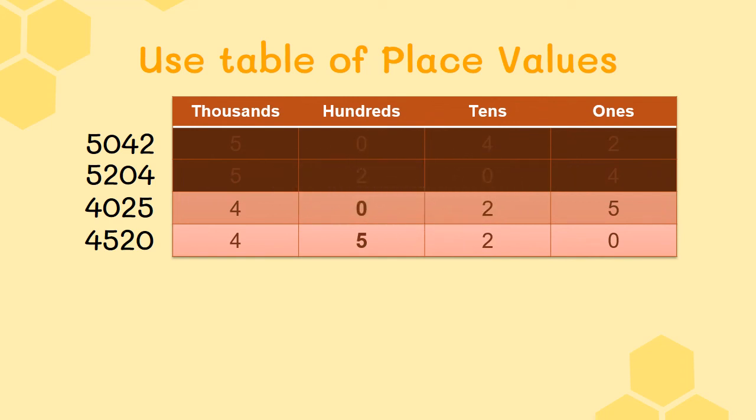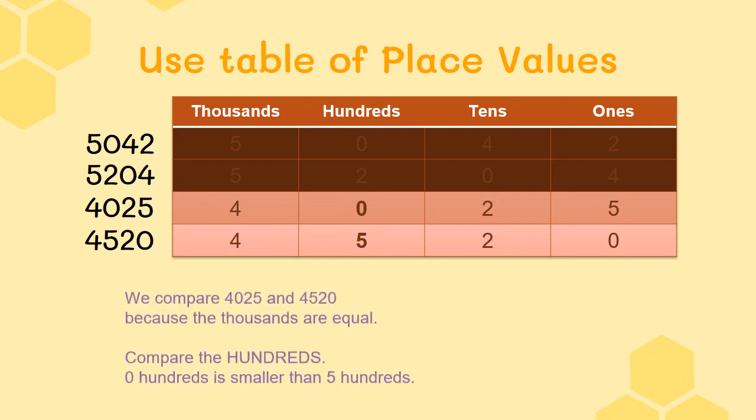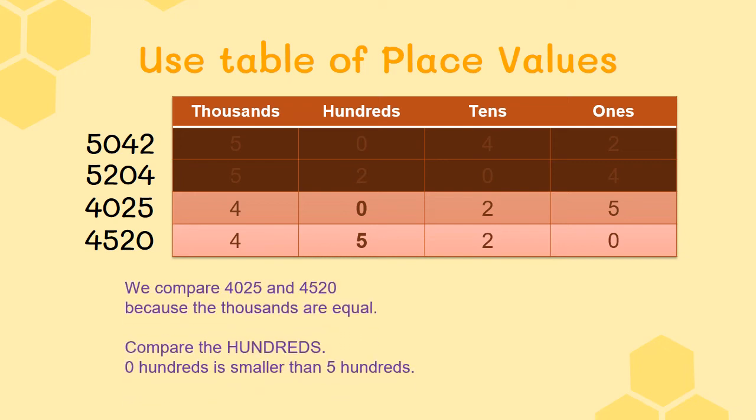Now, let's compare the hundreds. The hundreds 0 and 5. Which is smaller? Of course 0. 0 hundreds is smaller than 5 hundreds. The question asks about which number is the smallest.